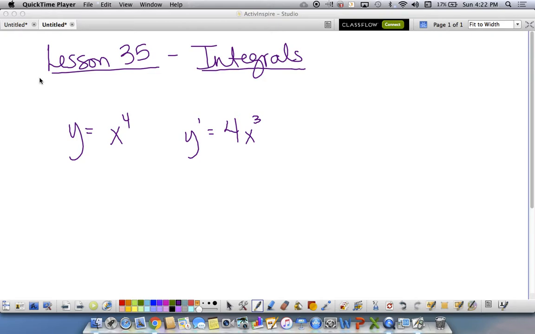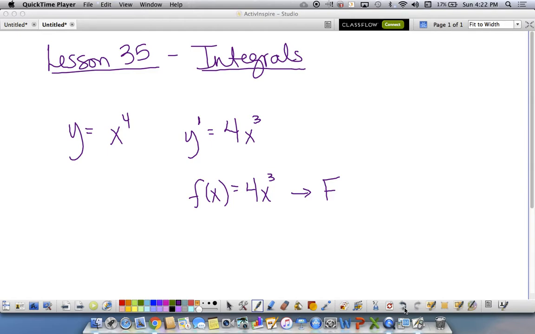Meaning, if we have this answer, we know f of x equals 4x cubed, what is the big F? Meaning what function's derivative is 4x cubed. Okay, the first thing we're going to talk about is a constant.